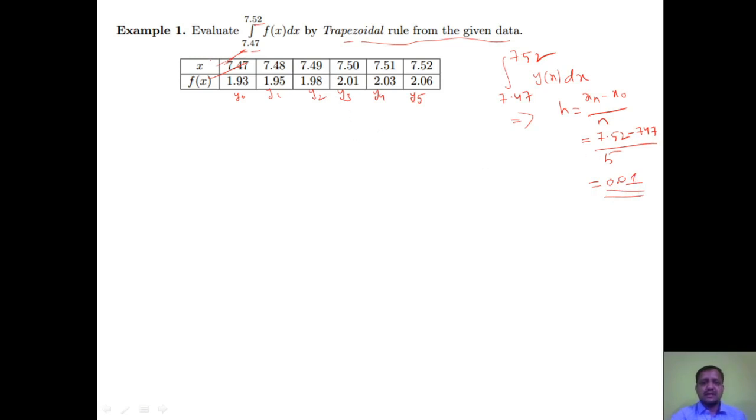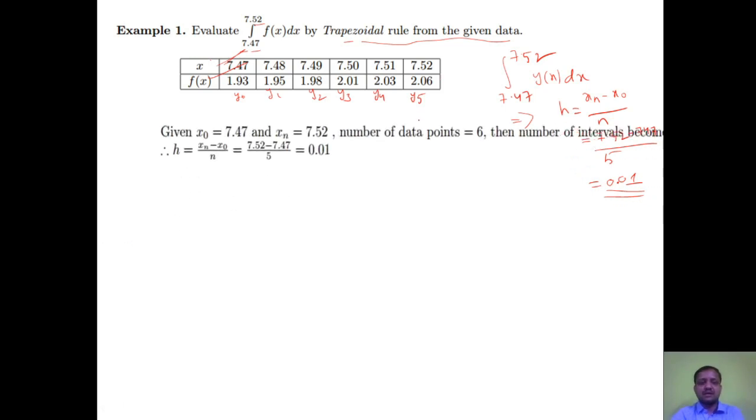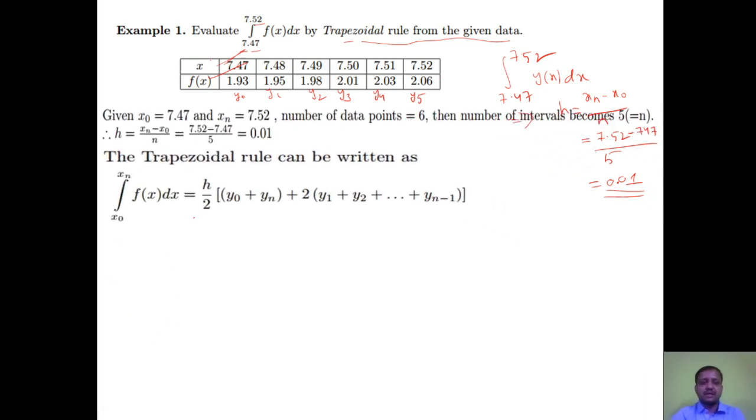What is next? The data points are already known, so you need to write the formula for the trapezoidal rule: h by 2 times first term plus last term plus 2 into the remaining terms.